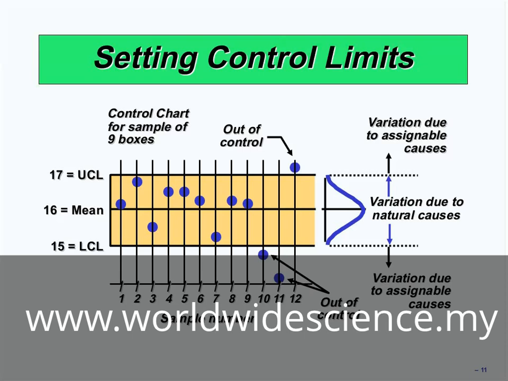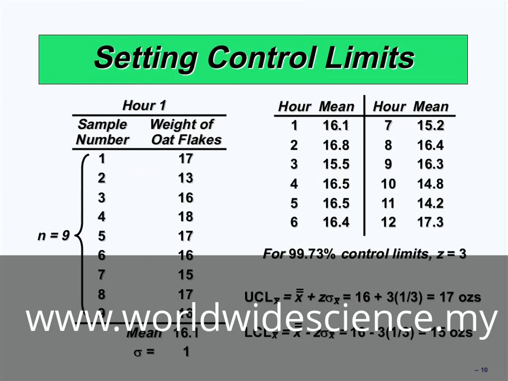We are drawing the x bar chart. The vertical axis is always x bar, and the horizontal axis is the number of the sample or number of the hour you have selected. For example, in hour one, the mean, or x bar, was, have a look at this table, 16.1.